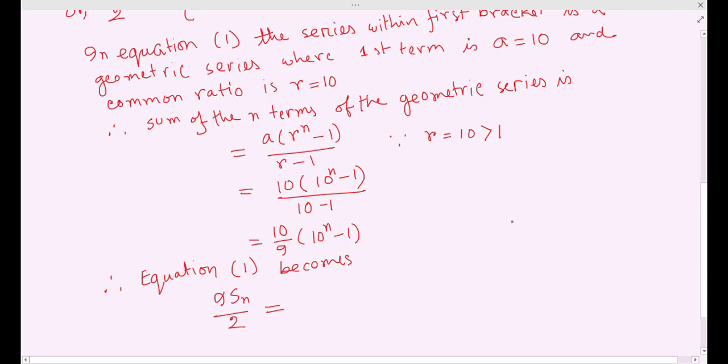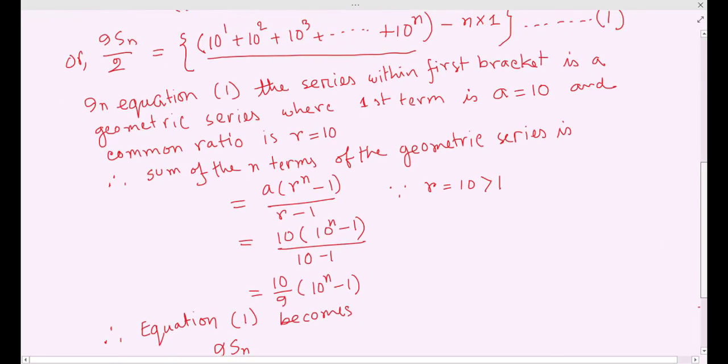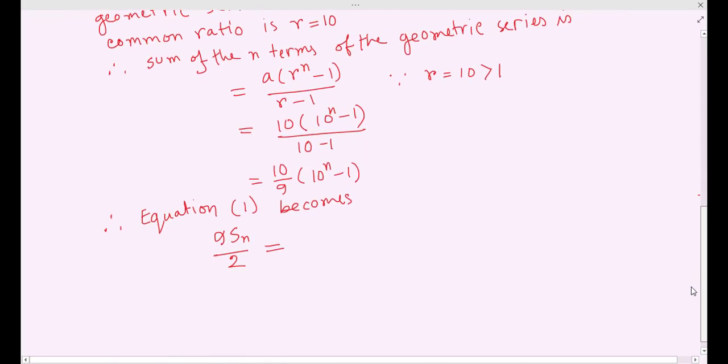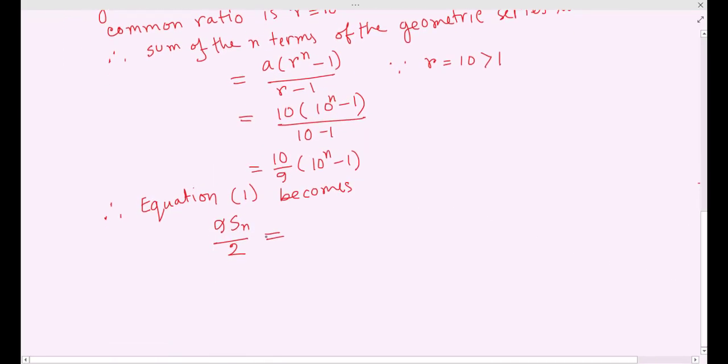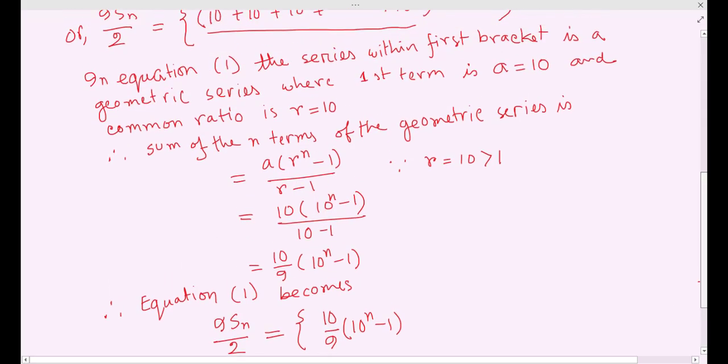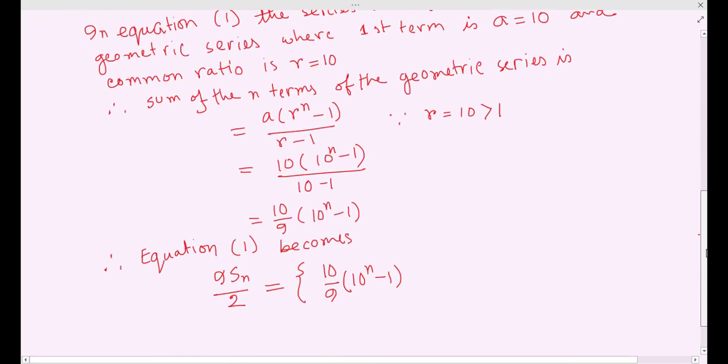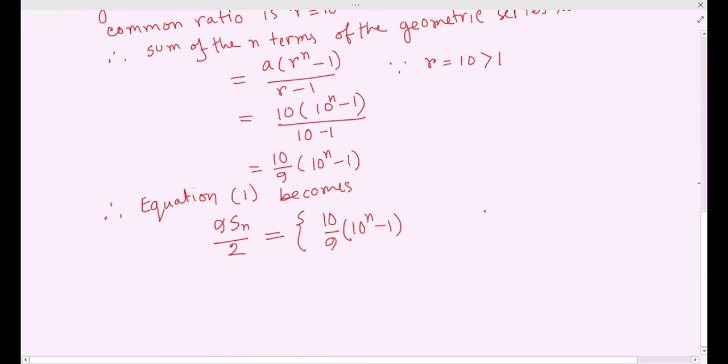In the second bracket you have the geometric series. So in the second bracket we put 10 by 9 into 10 to the power n minus 1, and here you have n into 1, therefore we can write it minus n.